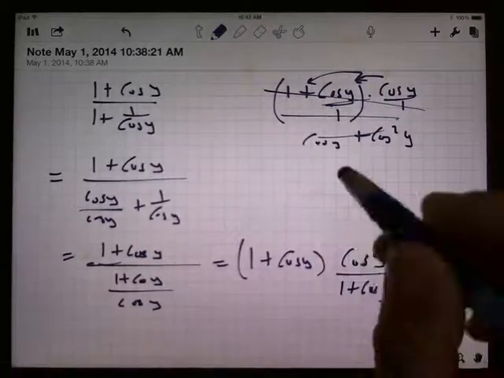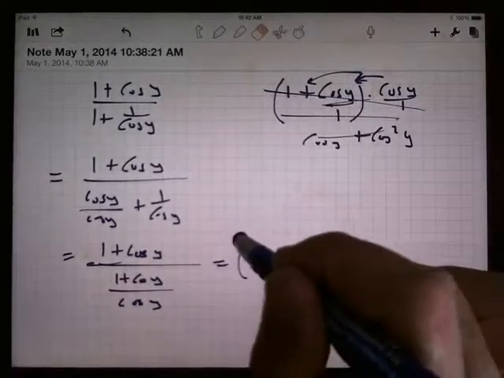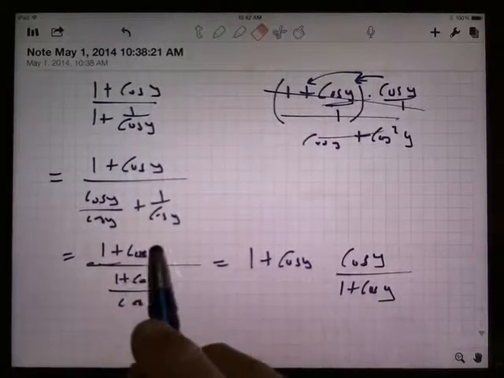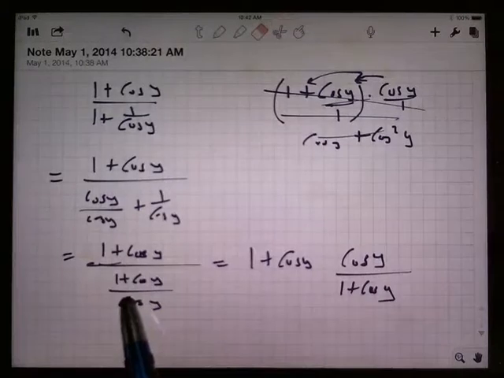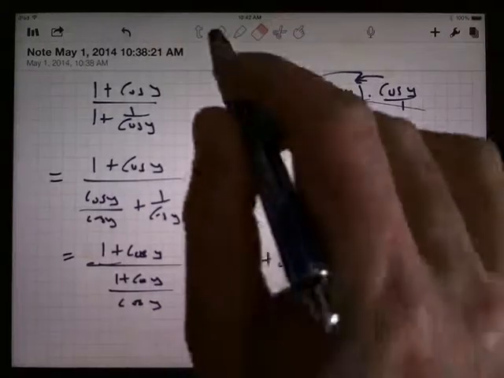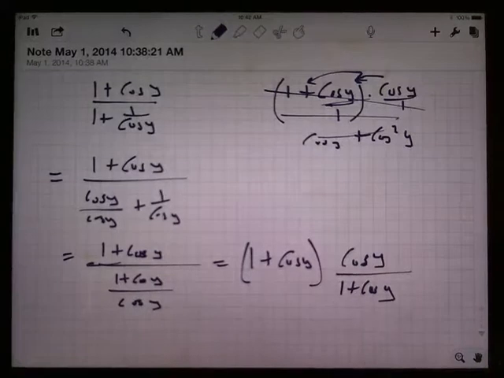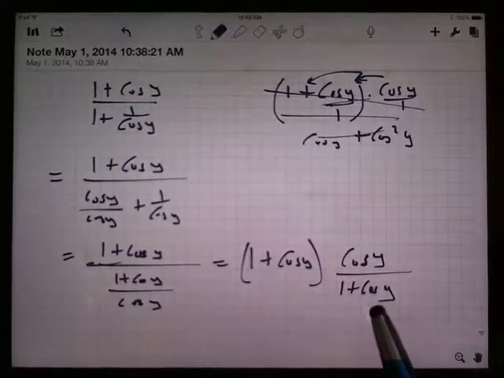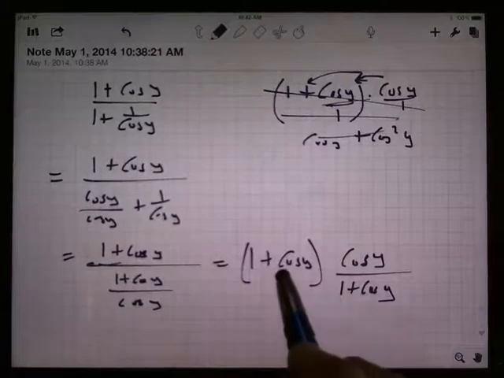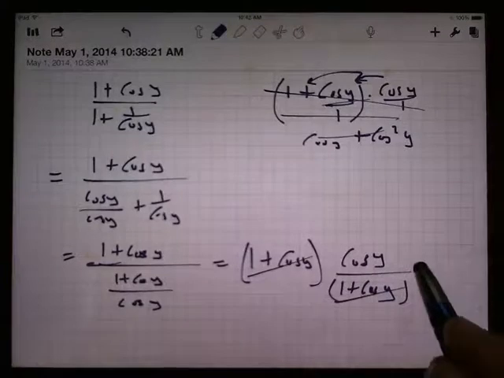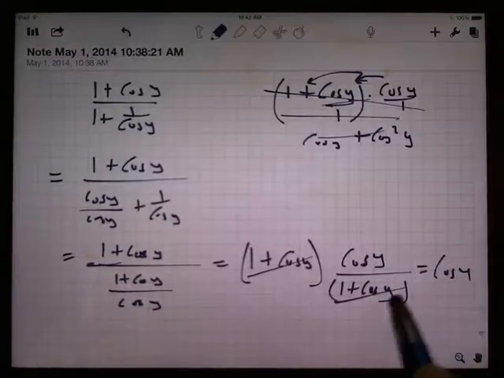If you leave these parentheses out, I can see people just multiplying this times the first thing, but it's the whole numerator divided by that fraction. So it's this whole thing here times the reciprocal. But then I notice that I'm multiplying by this and dividing by that, and those will cancel out, leaving me an answer just of cosine y.